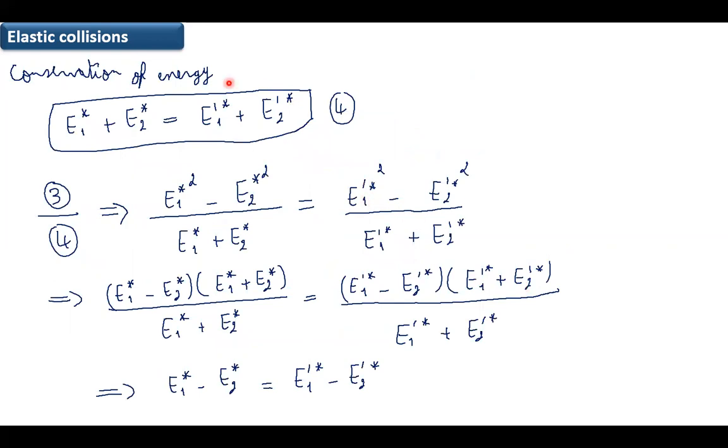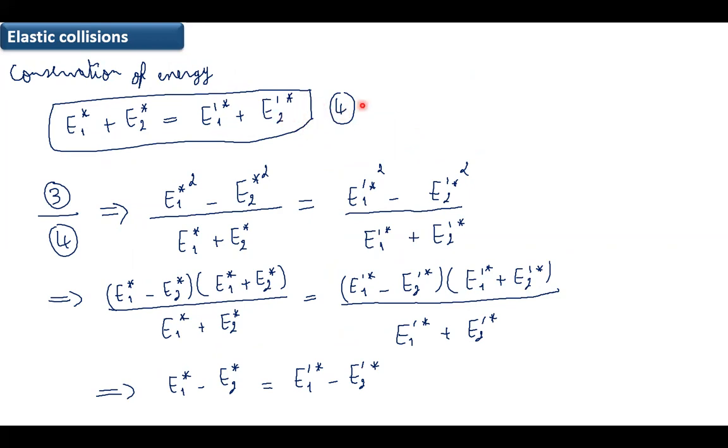The conservation of energy, when applied in R star, tells us that E1 star plus E2 star is equal to E1 prime star plus E2 prime star. This is equation number 4.